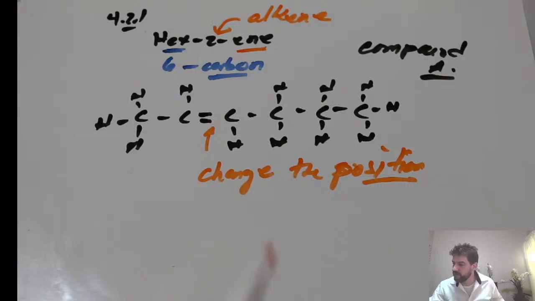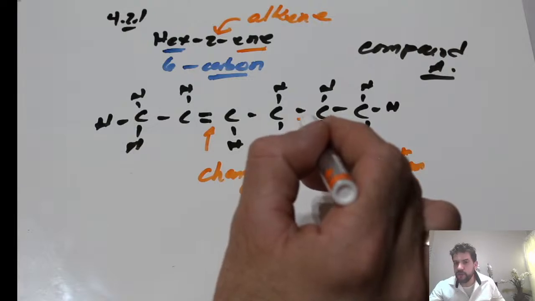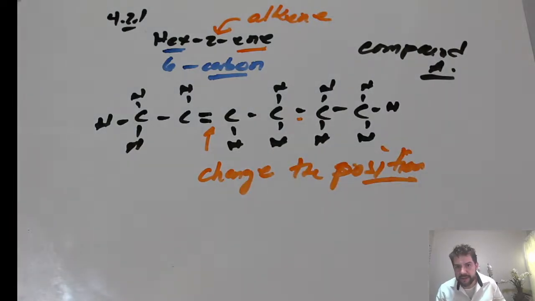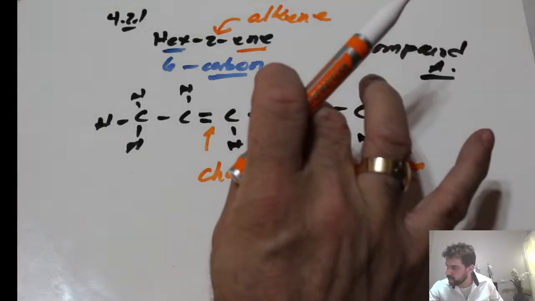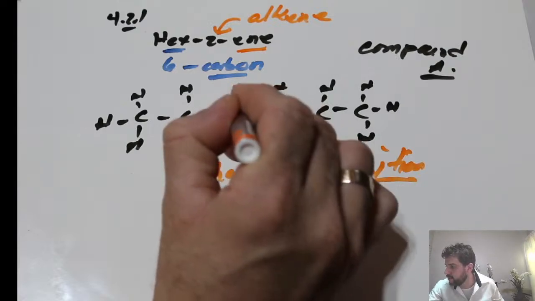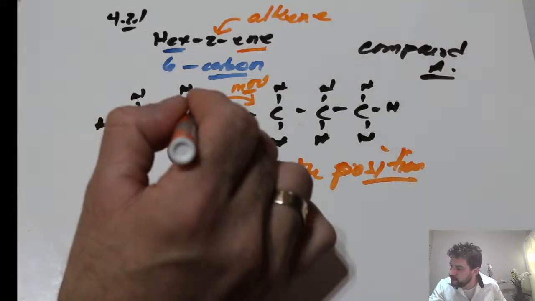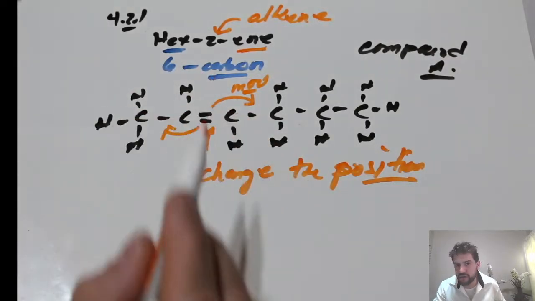So if you move it from there to this specific point here, it will be again the same compound. So the only two options are to move it here, or you can move it there. Those are the only two options.